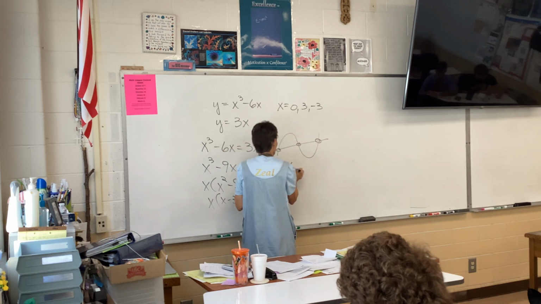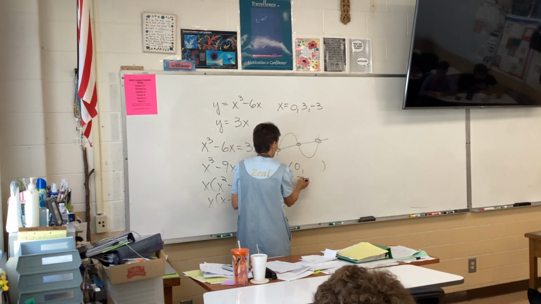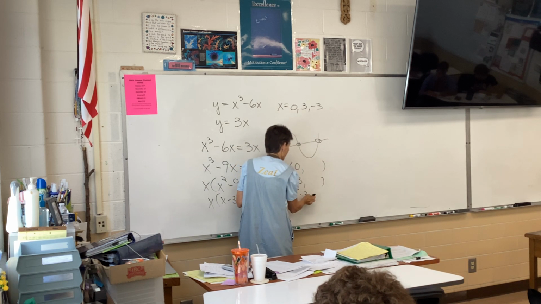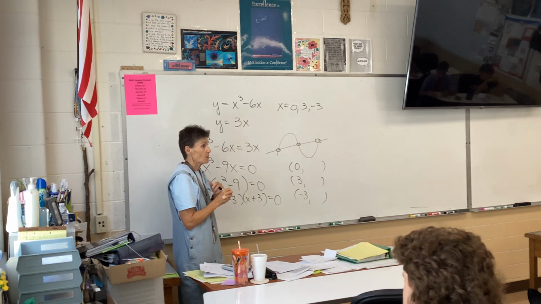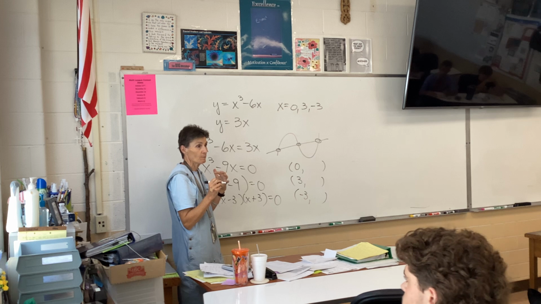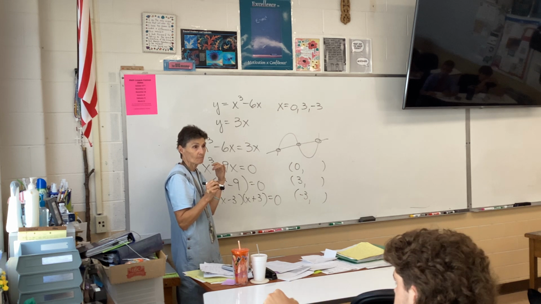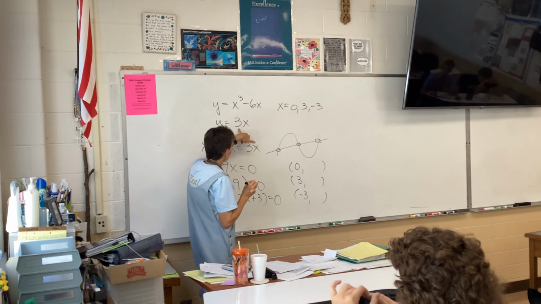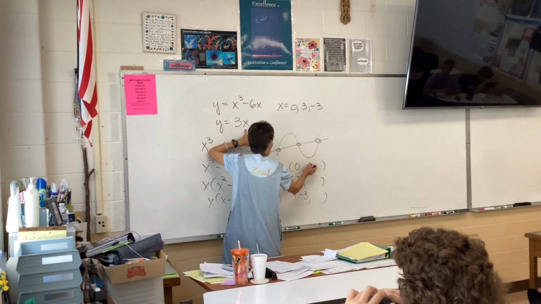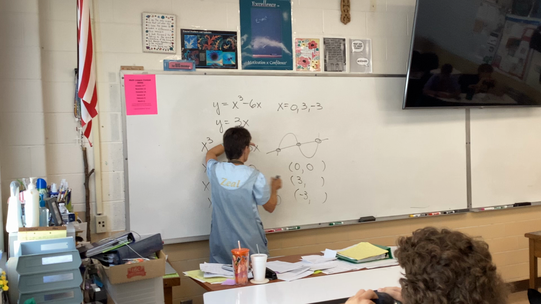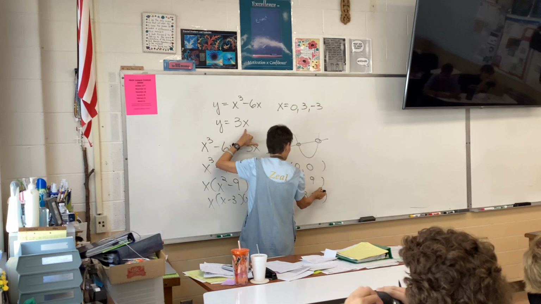So one of the points is 0, comma, one of them is 3, comma, and one of them is -3, comma. So what do we do to get the y part of the points? We have the x parts. Fill it in. I'll put it in right here, it's easiest. If I put in 0, I get 0. 3 gives me 9, and -3 gives me -9.